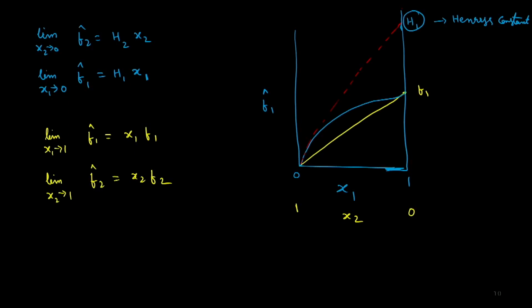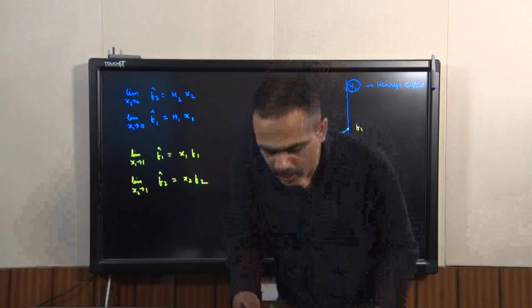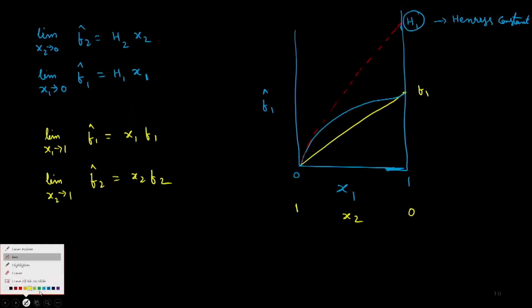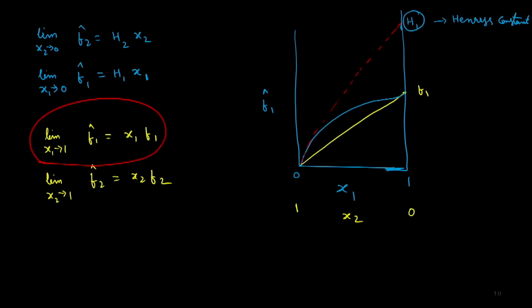What it means is that in the region where f1 hat is proportional to the composition x1, which is in this region, in the same region x2 is going to 0, and f2 hat also needs to be proportional to x2.